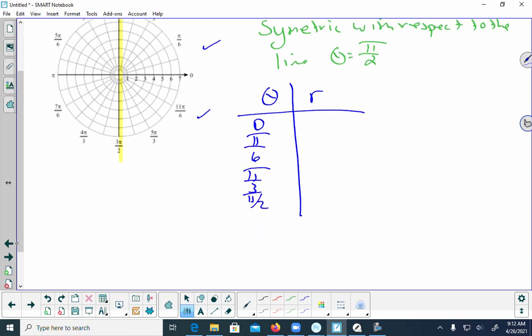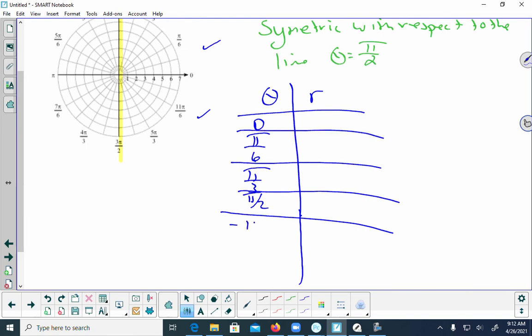Those are all from the first quadrant. And then doing the fourth quadrant, I'm just going to write negative pi over 6, which is 11 pi over 6, 5 pi over 3. Okay, let's just be consistent, call that 11. And then 3 pi over 2. So those are my points from the fourth quadrant.